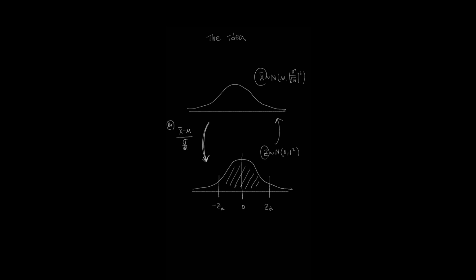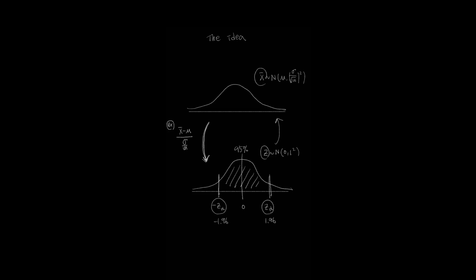Let's say we want 95% of data in some certain range, and it is already investigated in the standard normal distribution that this is 1.96 and minus 1.96. But let's say it's just one value, z alpha.